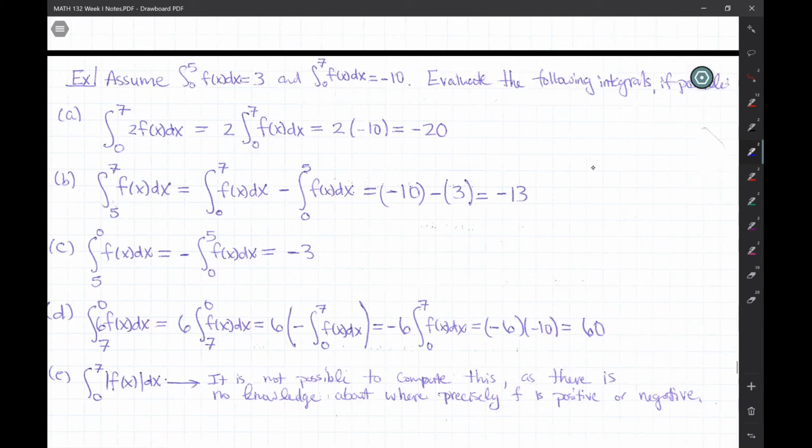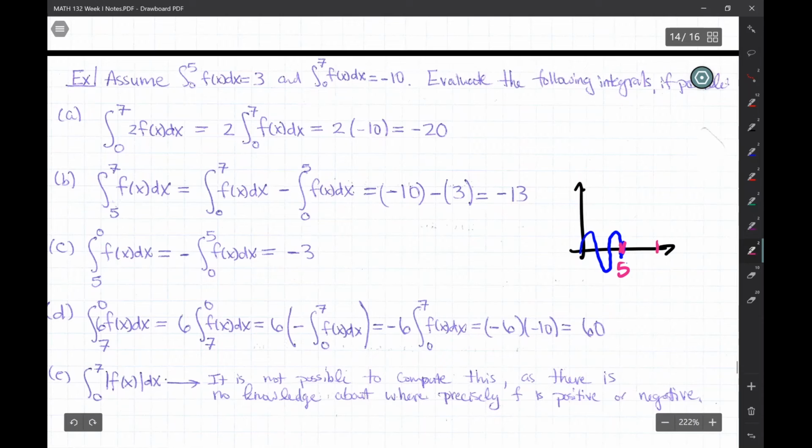So let me give you an example here. If you have some function, and let's just say that we let that be 5 there and 7. The net area that we would get from 0 to 5 will be 3.